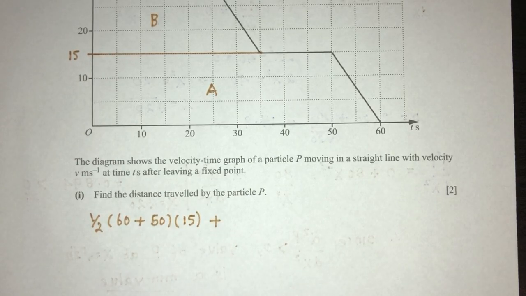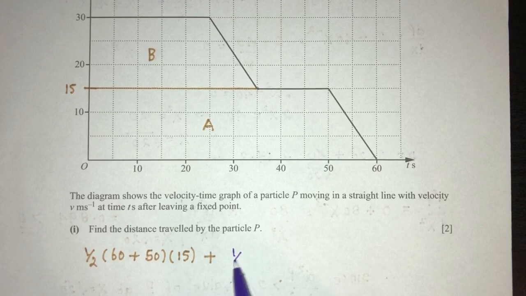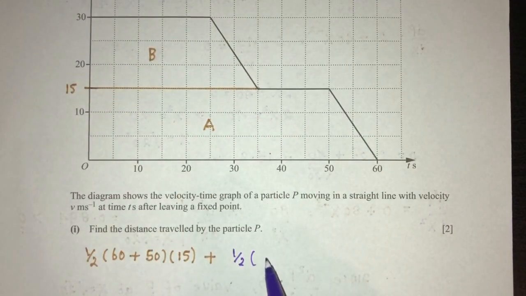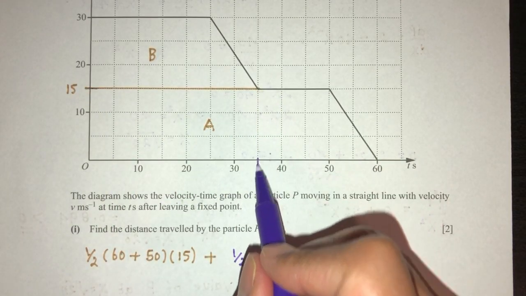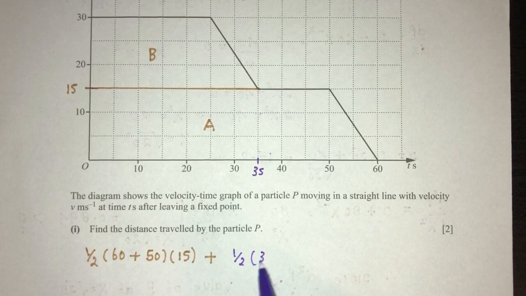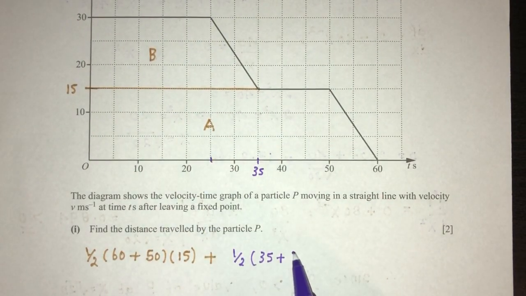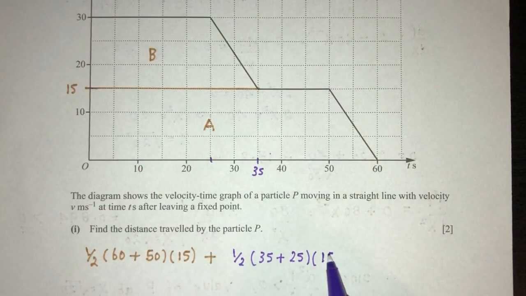Plus, what is the area of B? B is the same thing, area of trapezium, so half times the sum of parallel sides. This is 35 plus this one is 25, and the height from 15 to 30 will be 15.